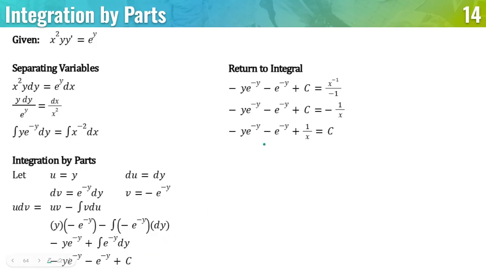So this is returned here. So you have this here. And then the right side simplifies to x raised to negative 1 over negative 1, or simply negative 1 over x. So switch sides with this, and you get this final answer.